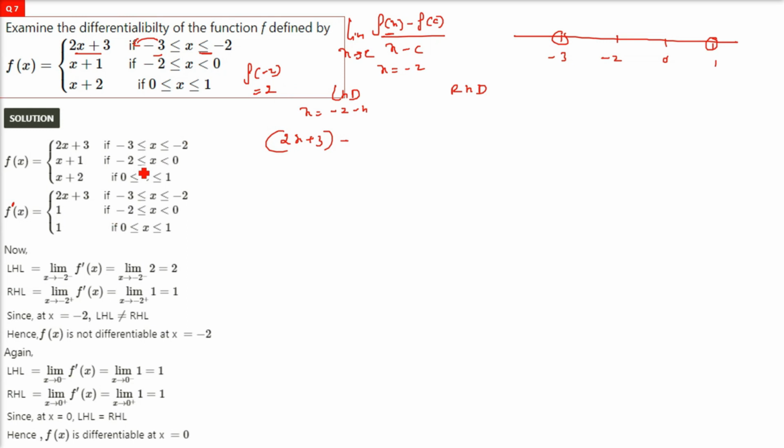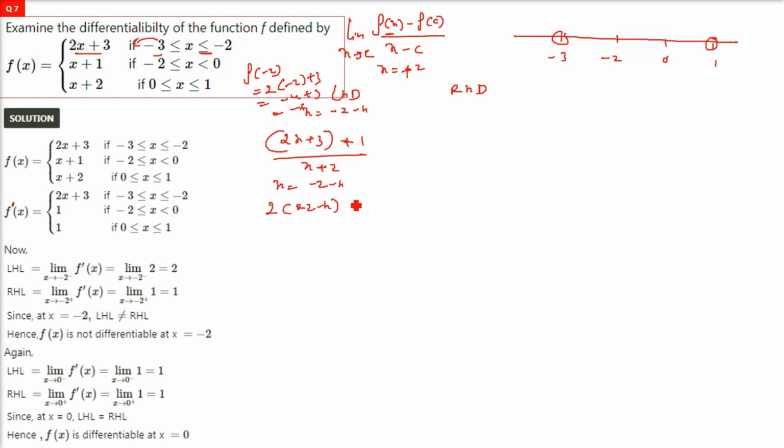So remember why I'm doing this. It is going to fail. I'll show you how it fails. 2 into negative 2 plus 3 is minus 4 plus 3, which is negative 1. So negative, negative becomes positive. And we have x as minus 2 minus h, replacing it here.